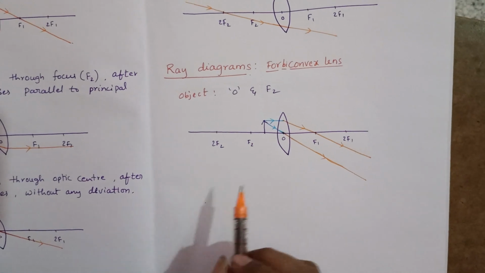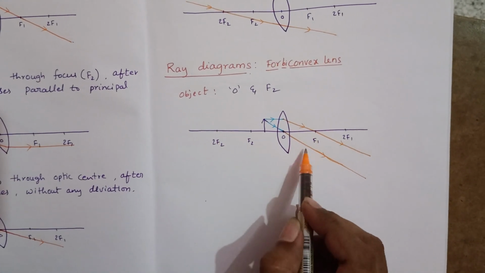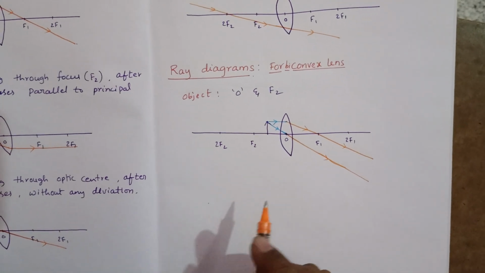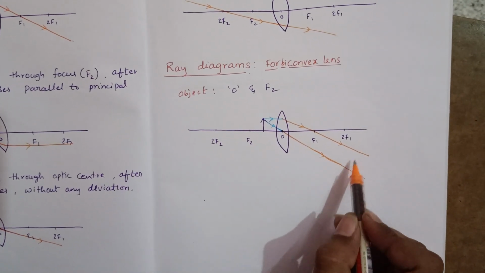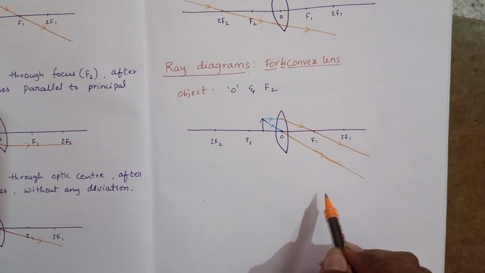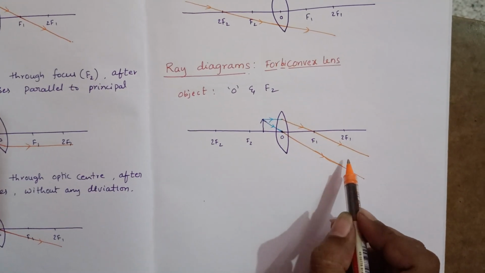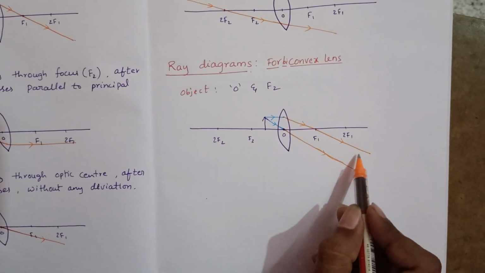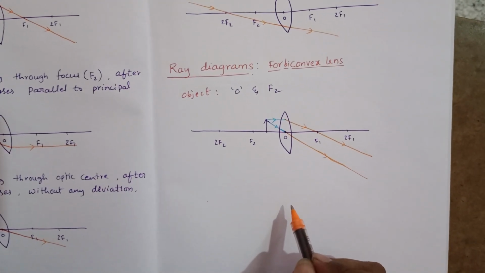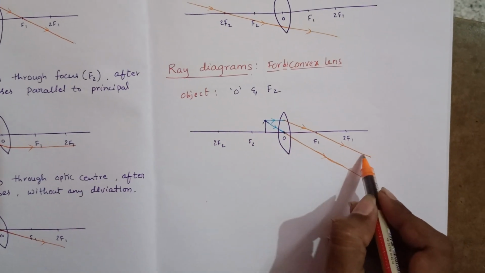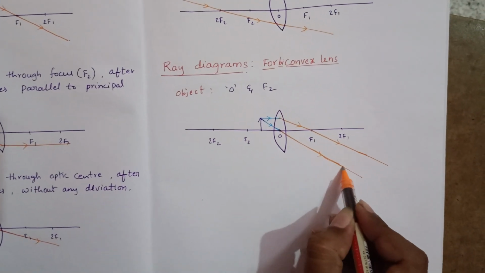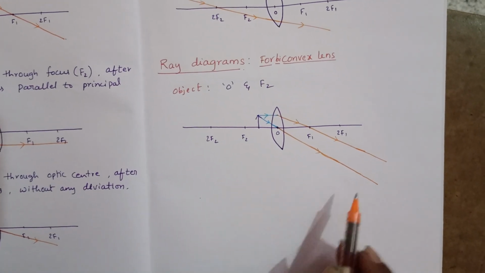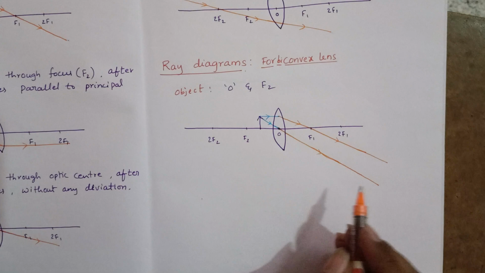Now I told you, after refraction, where the rays meet, there will be the image. Now if you see, these two rays are not meeting anywhere. These are going away, the gap between them is increasing. So we can say these are diverging rays.